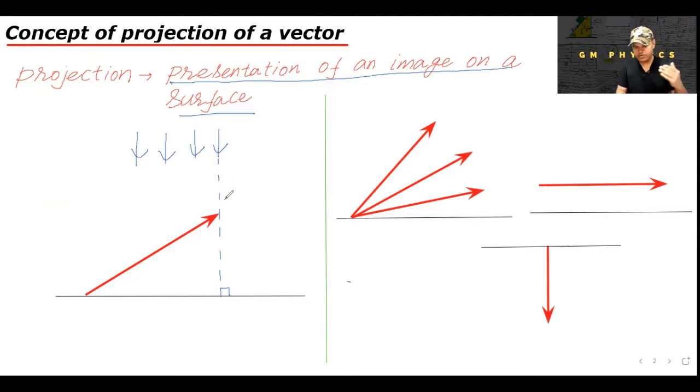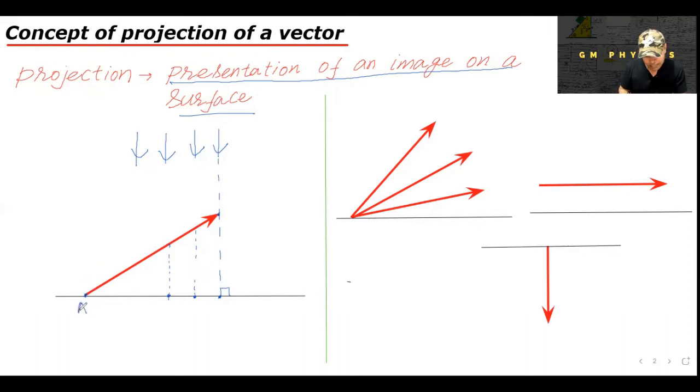You know, when a light ray moves, if you keep any opaque object in its path, its image is formed. So this image will be formed at this point. This one will be formed here. This one will be formed here. Similarly, you find that the image of the tail of this arrow will be formed here.